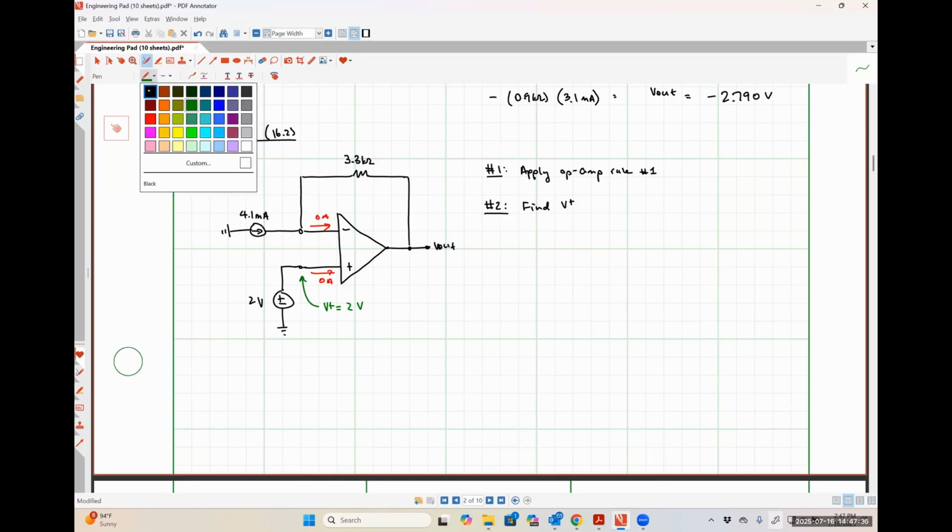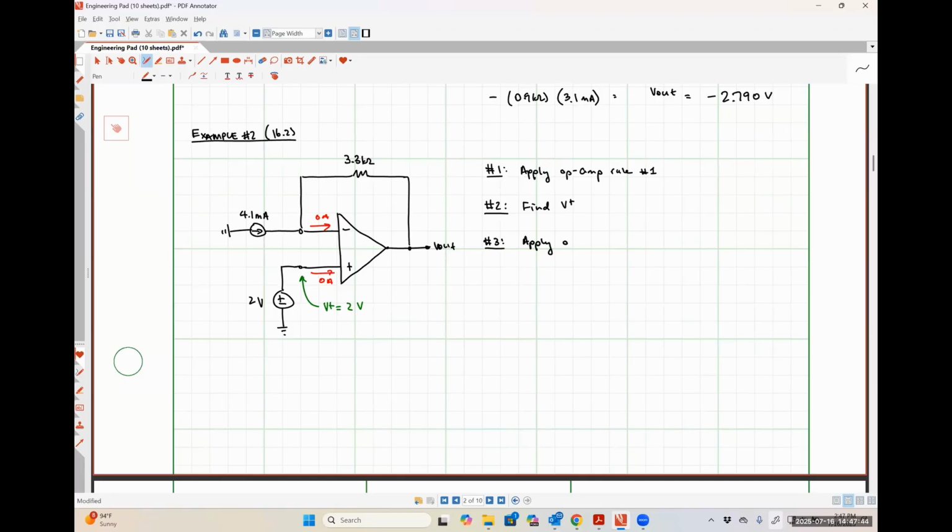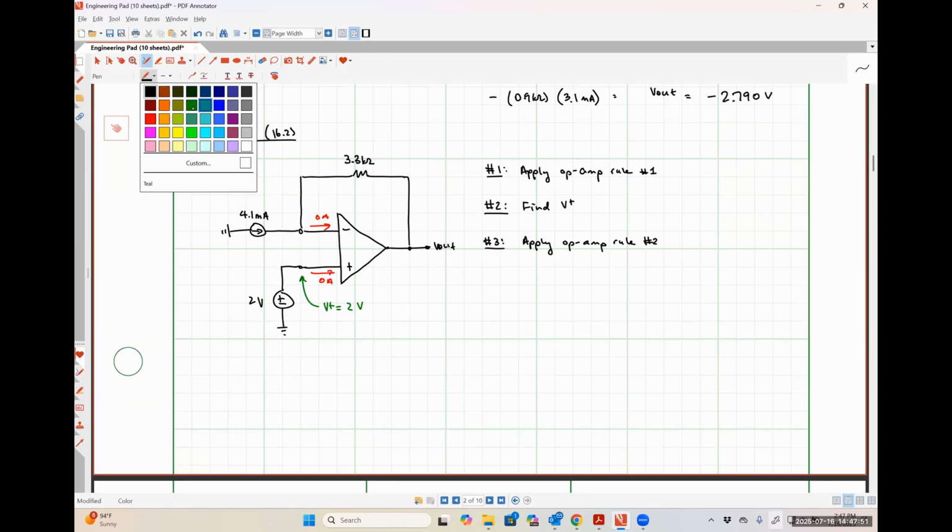Our next step is to apply op amp rule number 2. So I would appreciate if one of you guys could tell me what voltage we'll see at this node.